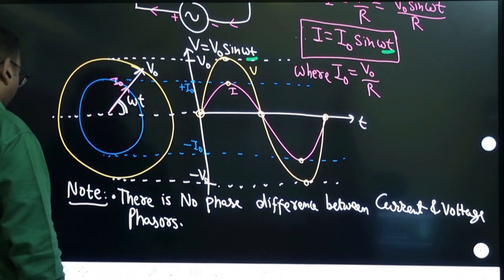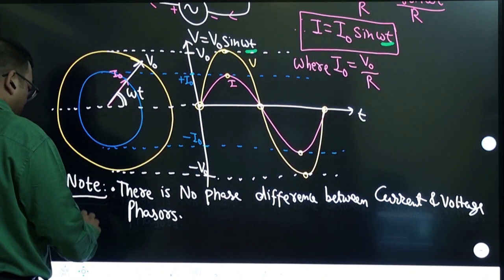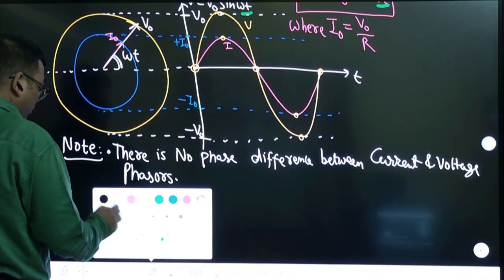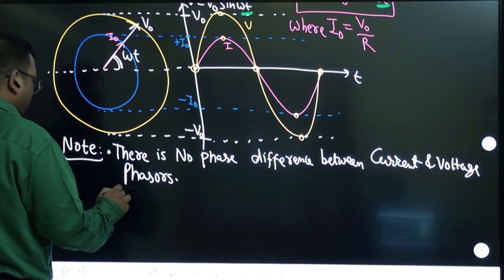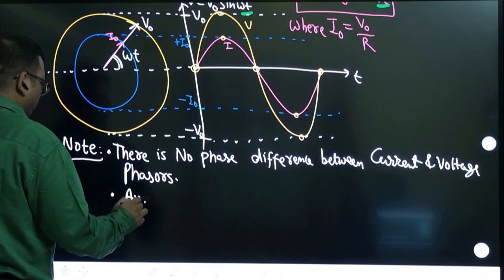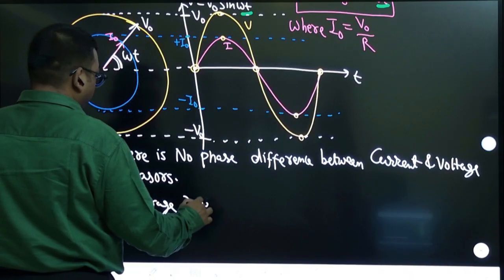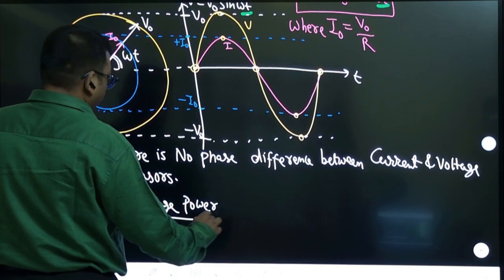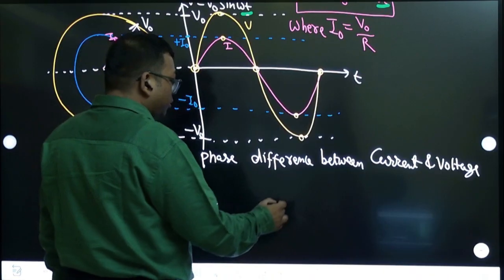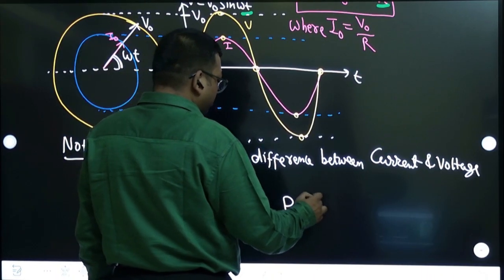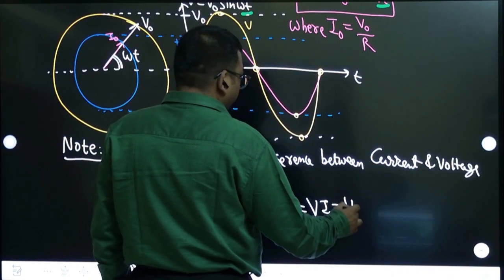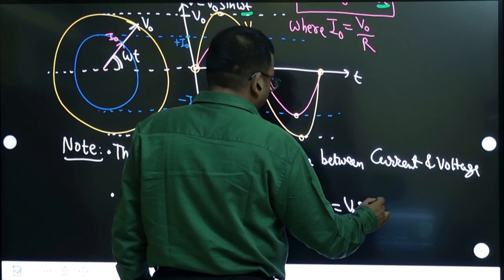Then, what is the average power? Let us calculate it. First of all, we know the instantaneous power is V into I. V is V naught sine omega t.